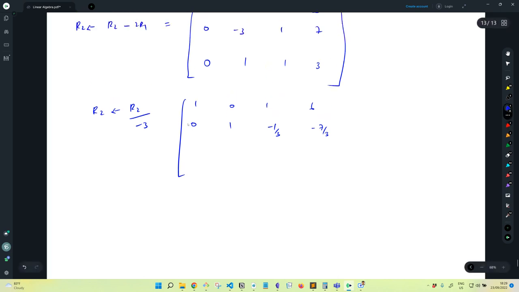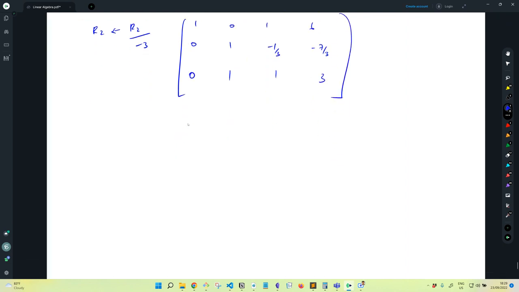Okay. Now for completeness, let me go ahead and solve this matrix, and I'll show you that we'll obtain the correct solution. I'm doing minus 7 by 3 here, and let me copy over row 3: 0, 1, 1, 3. Then I need to make this entry 0. So R3 equals R3 minus R2.